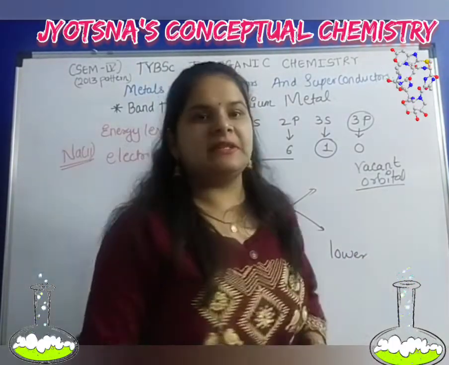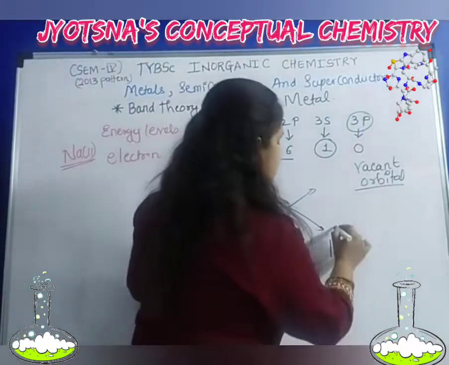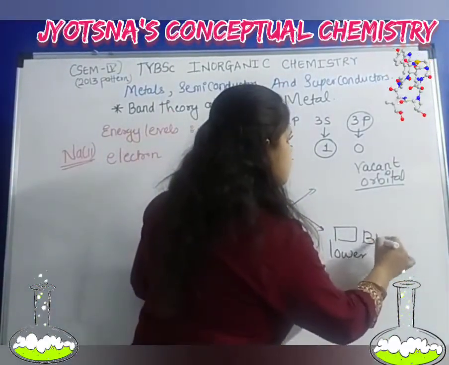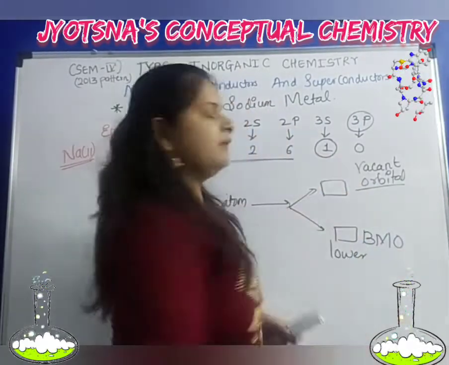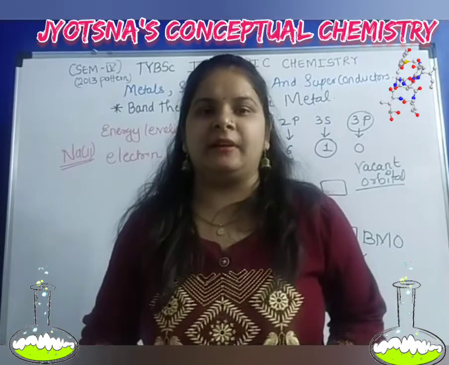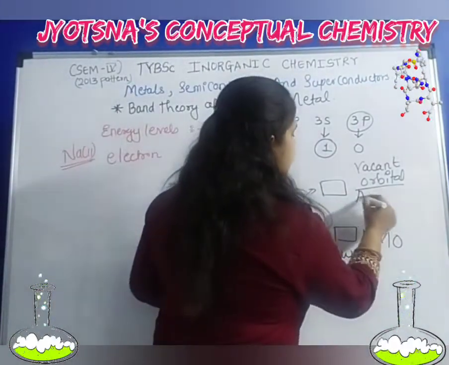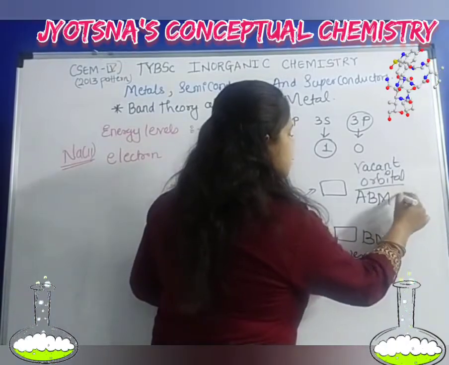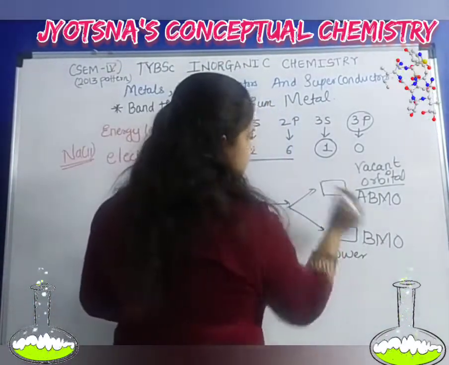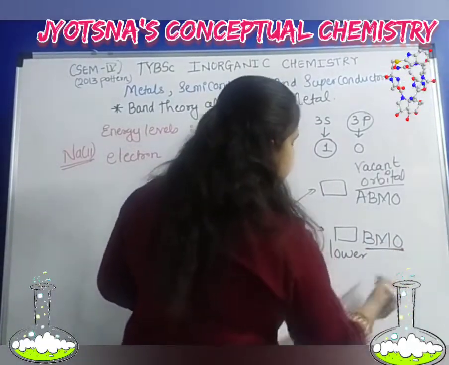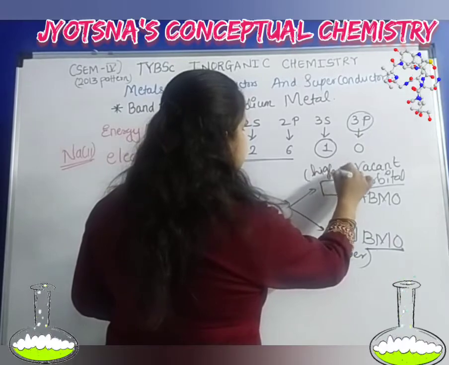The orbital having the lower energy, we call it a bonding molecular orbital, and the other, having the higher energy, we call it an anti-bonding molecular orbital.